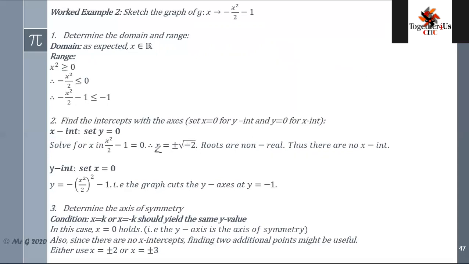Notice that we have a square root of a negative number. Most of you say it does not exist. I understand that's okay, but it actually exists. You will learn that if you study maths further. So we say that here roots are non-real. Okay, so there are no x-intercepts. x-intercepts are there if roots are real. That's why I chose this example.